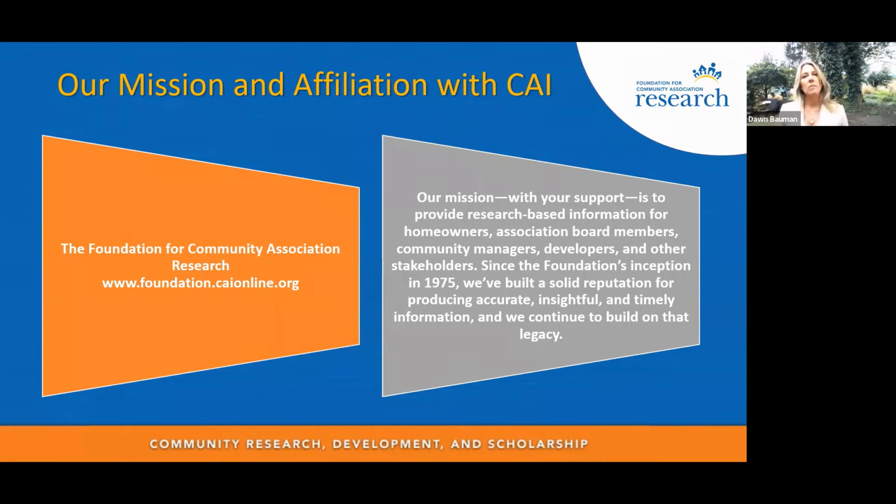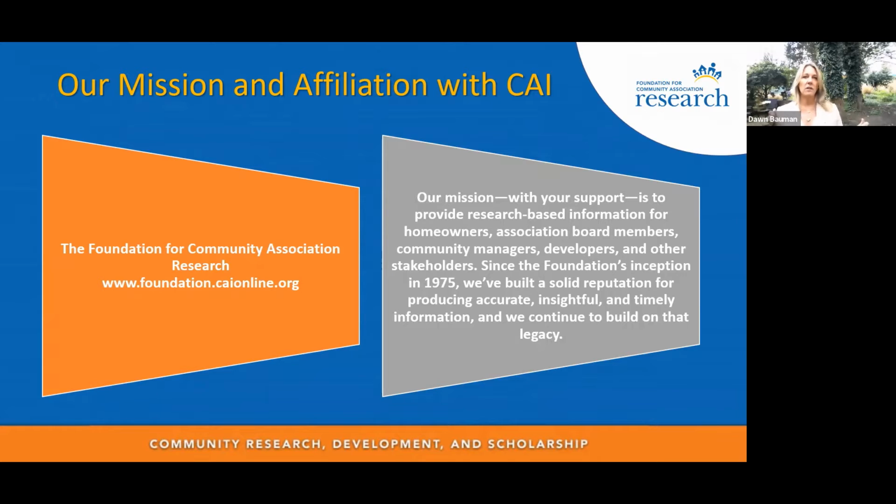So many years ago, the CAI created the foundation. The Foundation for Community Association Research was created as a 501c3 organization, which is a tax-exempt organization that has the ability to accept donations, and those donations are tax deductible in a different way and much more valuable than for an organization like CAI, which is a 501c6 organization.